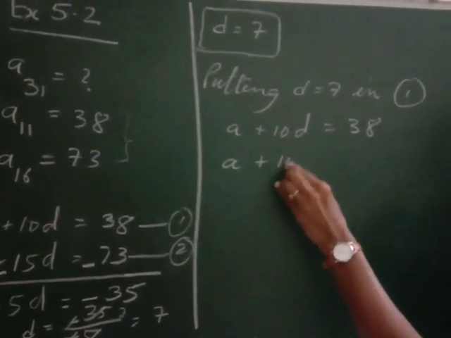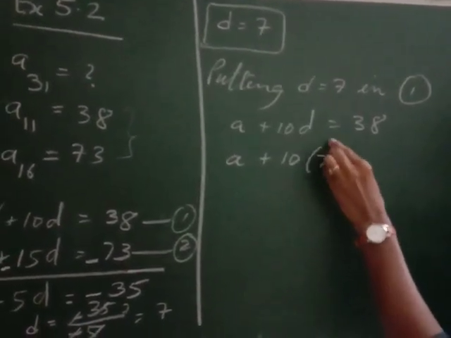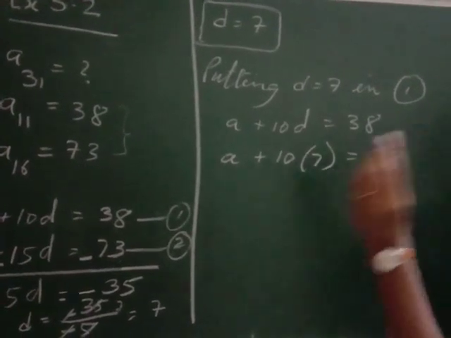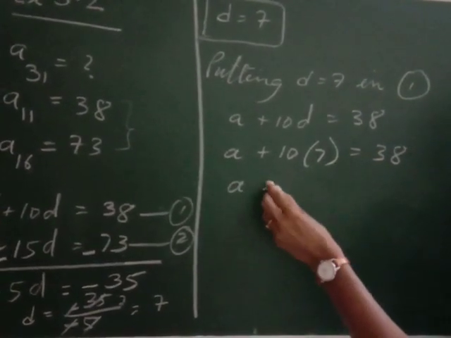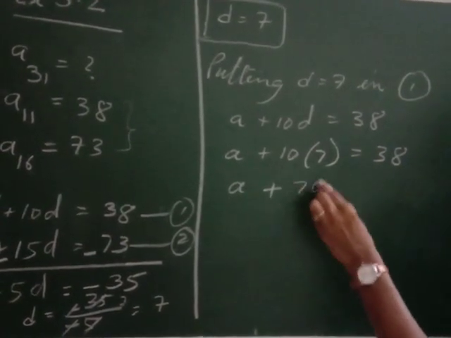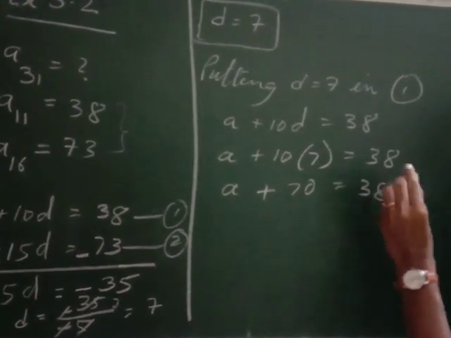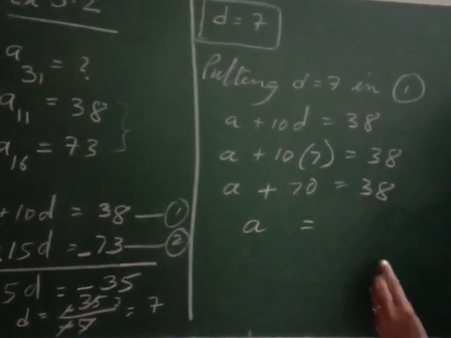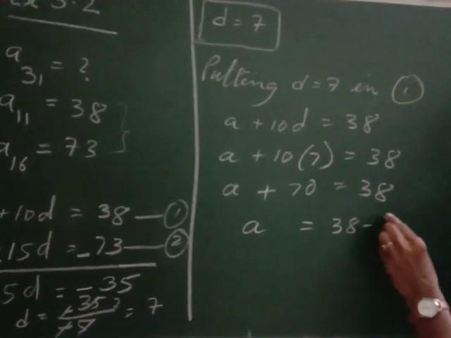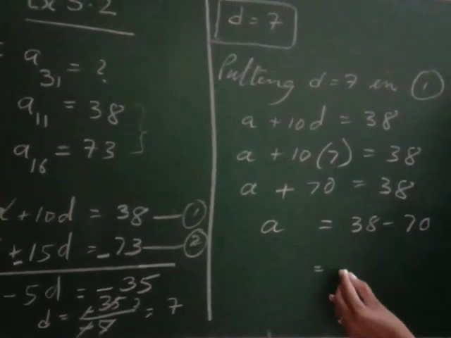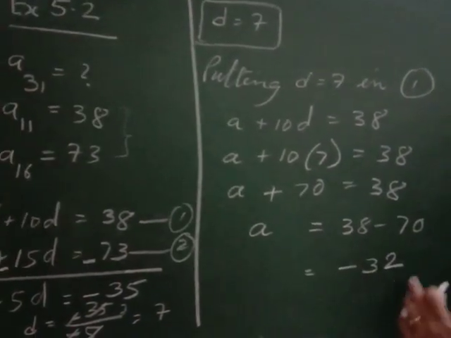A plus 10 times 7 equal to 38. So A plus 70 is equal to 38. So I got A equal to 38 minus 70, that is minus 32.